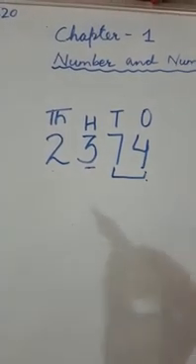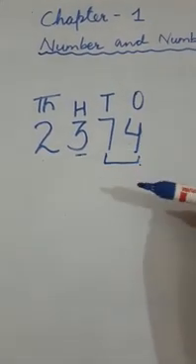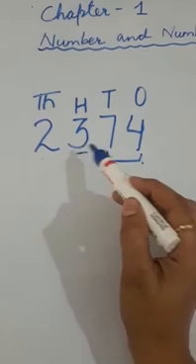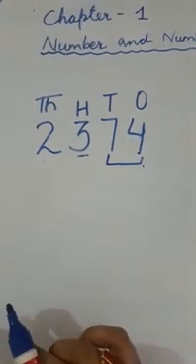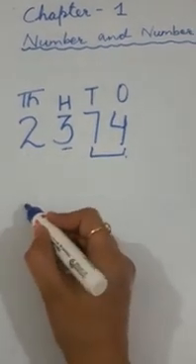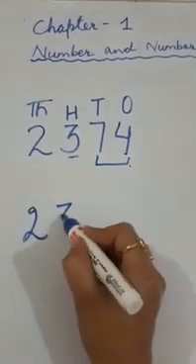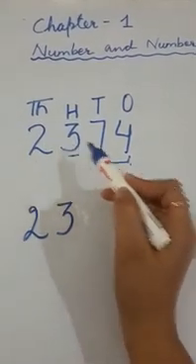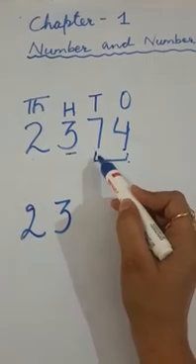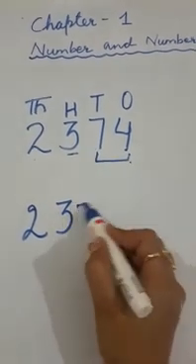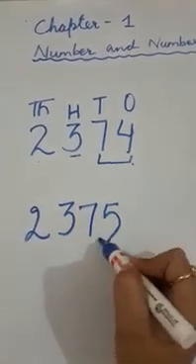For example, we have to write the next 3 numbers after 2374. So what will be the next 3 numbers? We will write the same numbers 2, 3, then do the counting of 74. After 74, what comes? 75.